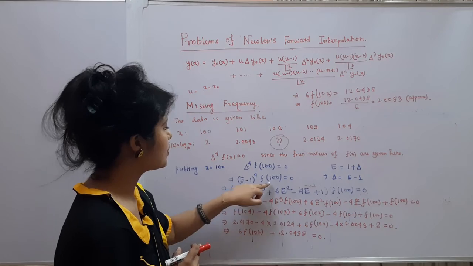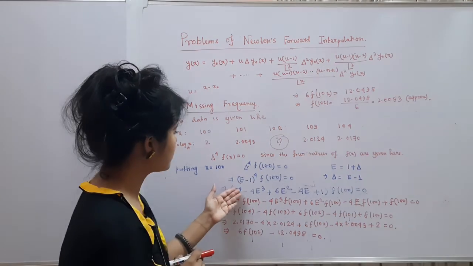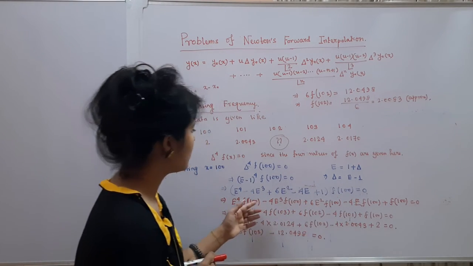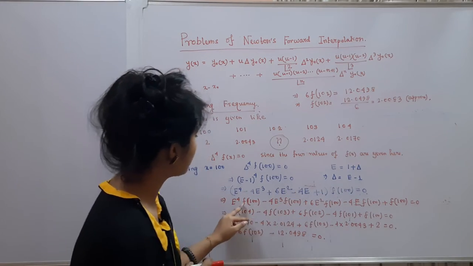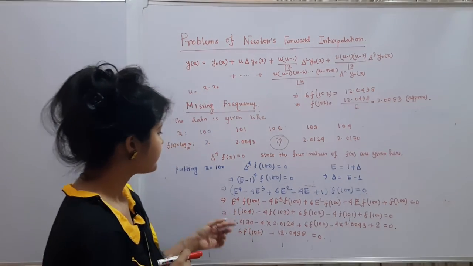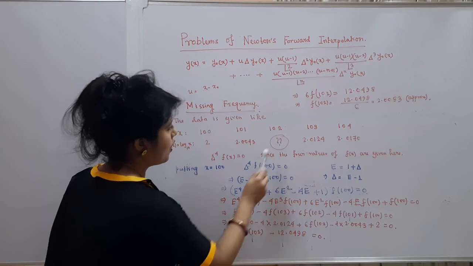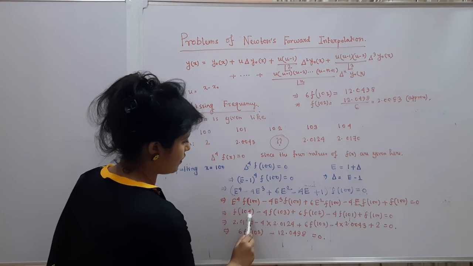So (E minus 1) whole to the power 4. So this is the formula for (x minus 1) whole to the power 4. So I have expanded like this. So f of 100, now I have applied each of the operators on f of 100. Okay, so here since E to the power 4, the 4th movement is allowed, 1 2 3 4, so therefore f of 104.